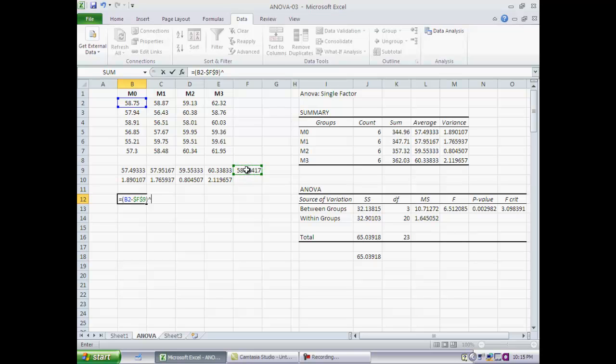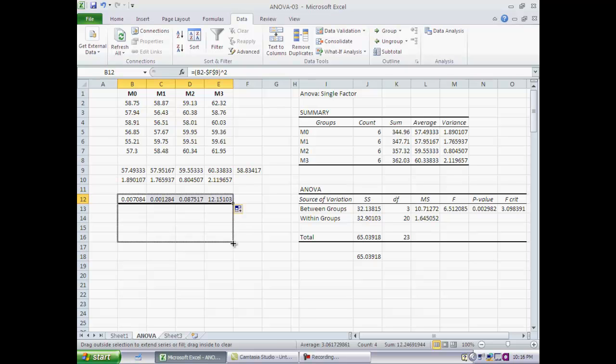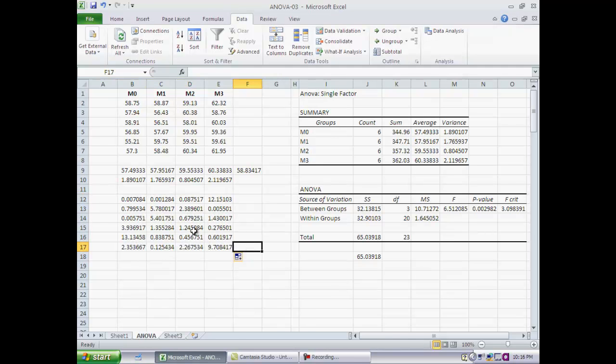and I square it. So this is where the SS abbreviation comes from, sum of squares. I'm taking each data value and subtracting it from the middle of the entire group of data. Okay, and I'll just copy this value over for all the other data points. Each of these numbers is a squared deviation, how far the data point is from the grand mean, and I squared it.